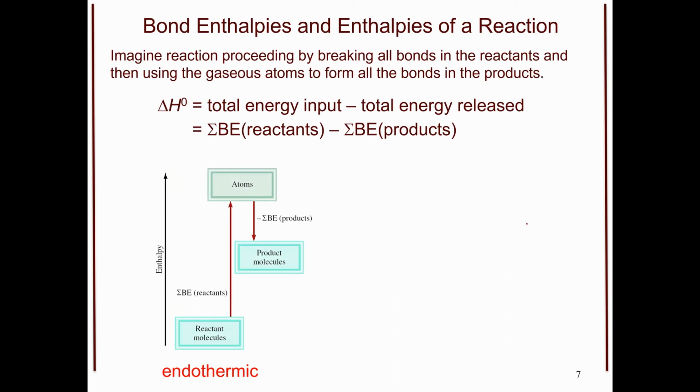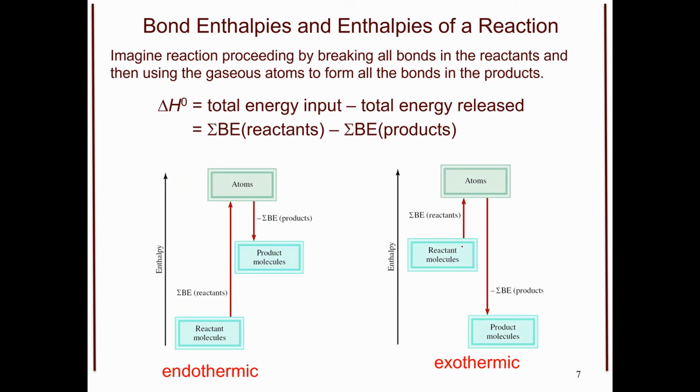Our original reactants are considered endothermic. We have stable compounds and we must add energy in order to turn those into the reactive atoms in our transition state. For our products, those atoms, now at a high energy state, are going to form the products that we want, releasing energy.